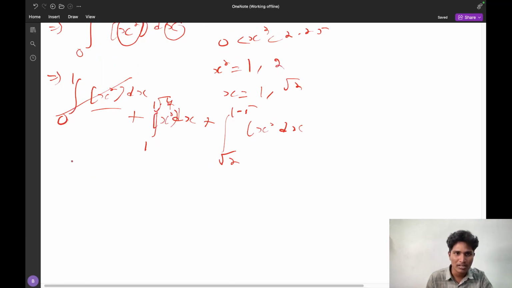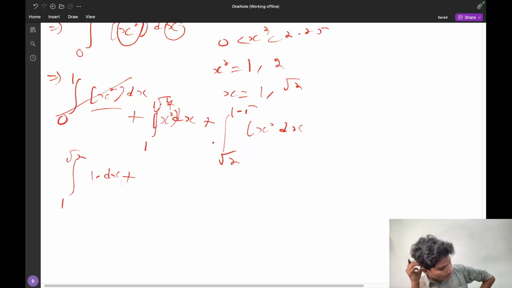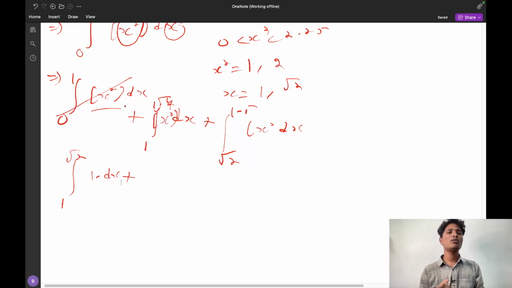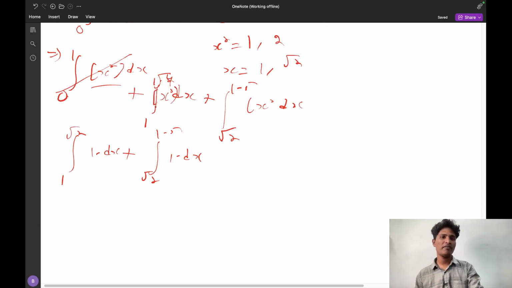From 1 to root 2 it is 1 dx, and from root 2 to 1.5 you will get 2 dx, because in between the values you have to take the square of these values.